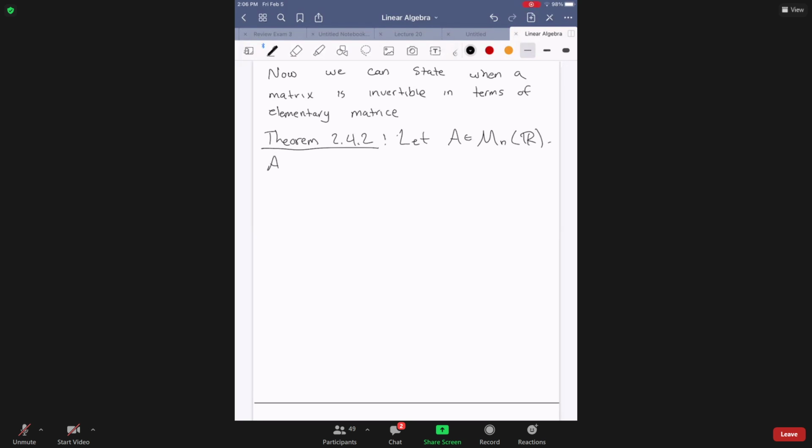A is invertible if and only if it is a product of elementary matrices. Okay? So literally, if you take elementary matrices E1, E2, all the way to En, and A can be obtained by multiplying all these together, then A must be invertible. That's all this is saying.